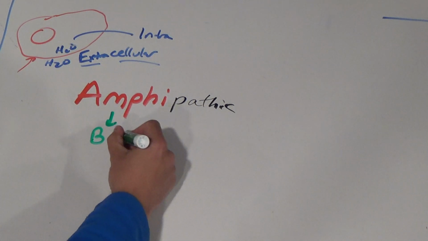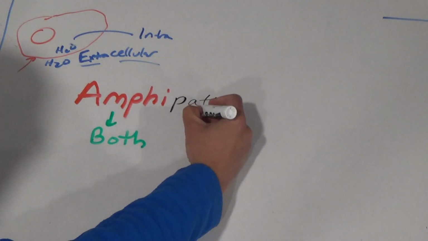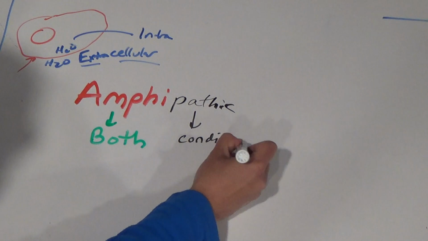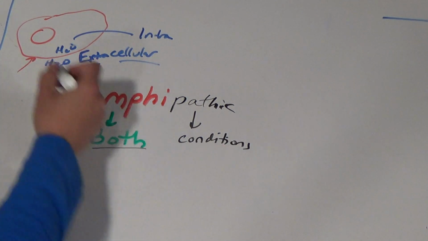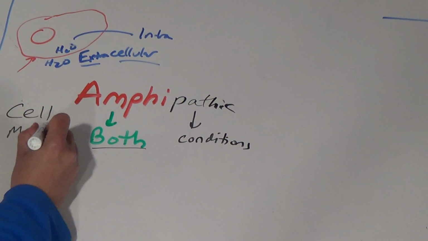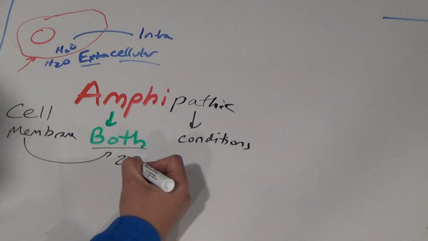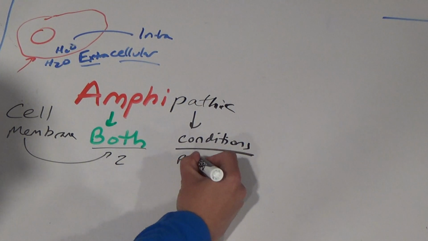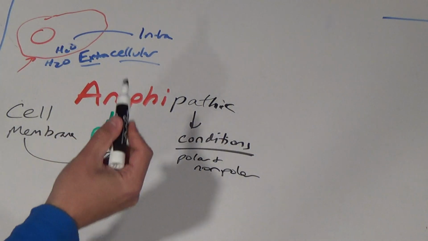And pathic means conditions. So what do you think we're talking about? What is both? Well, both means the cell membrane is both two things. What are the conditions? Polar and nonpolar.